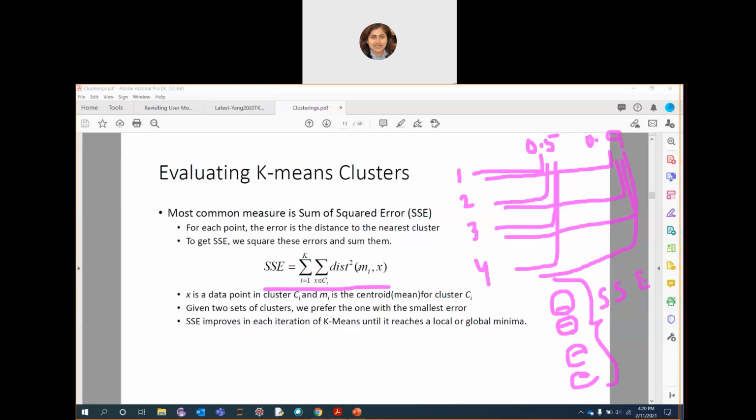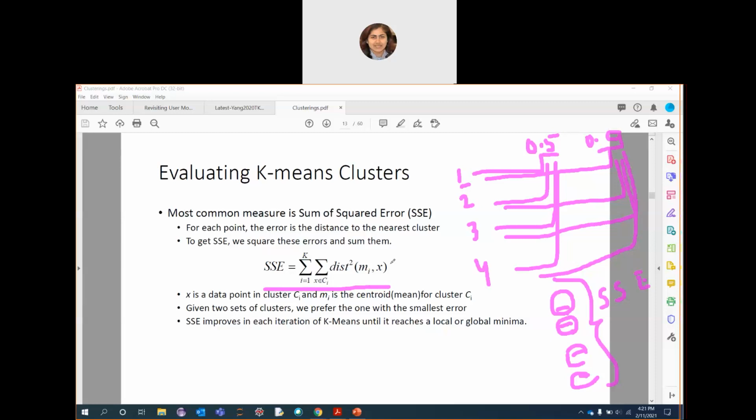X is your data points in the cluster Ci. Each cluster has data points. One may belong to one cluster, 3 may belong to another cluster, and 2 may belong to the same cluster where 1 is in. It depends on which cluster the data point belongs to. And Mi are the centroid points, like 0.5 and 0.9.